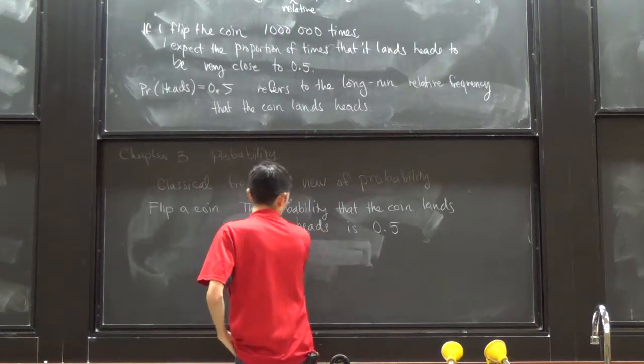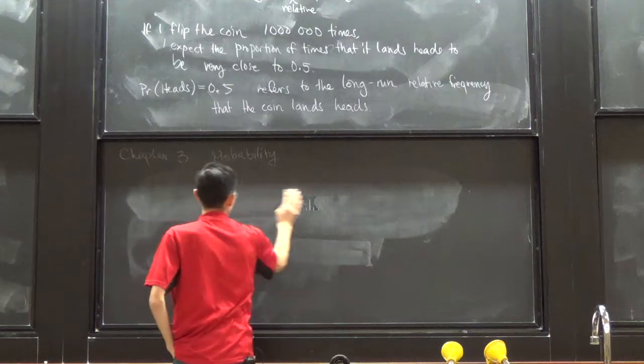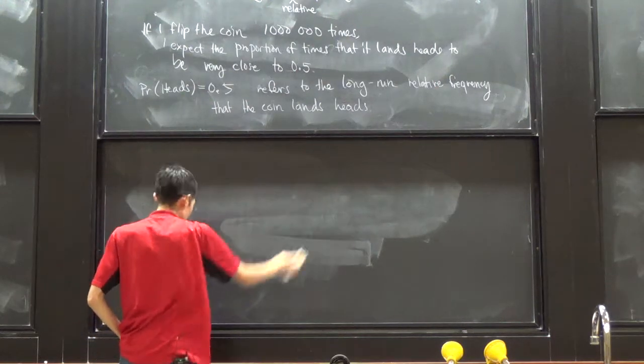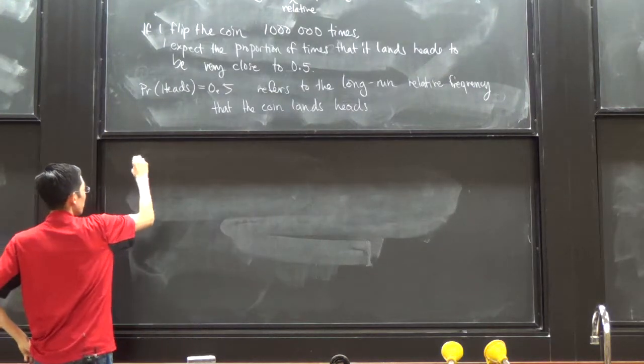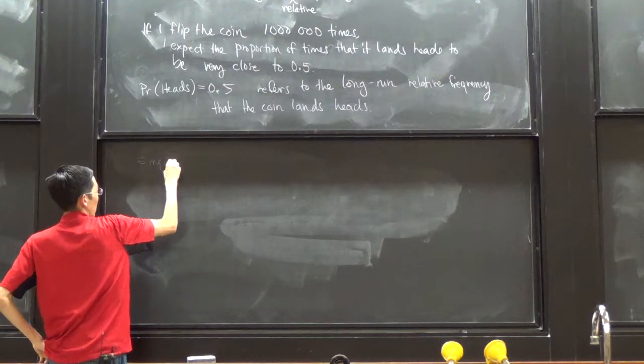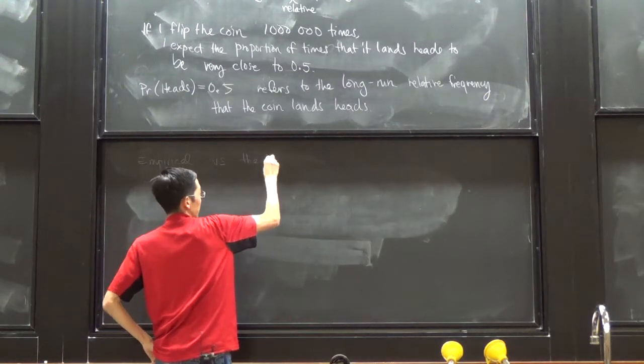So this brings up the idea of empirical probabilities, or empirical frequencies, versus theoretic probabilities.